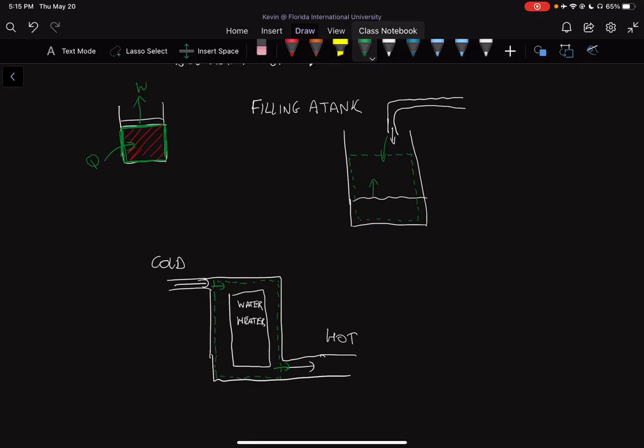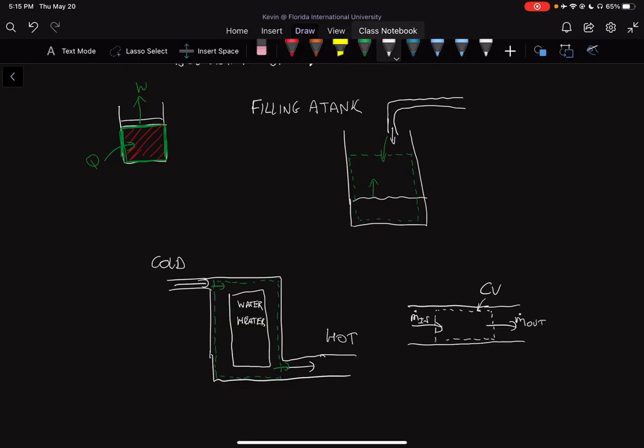Another simple example of an open system, and probably the simplest open system, is just flow through a pipe, which we've looked at before. A flow through a pipe just has a control volume, CV, like right here, and as air or water or any other fluid flows through it, there's mass coming into the control volume. So we have some mass flow rate into the control volume and some mass flow rate out of the control volume.